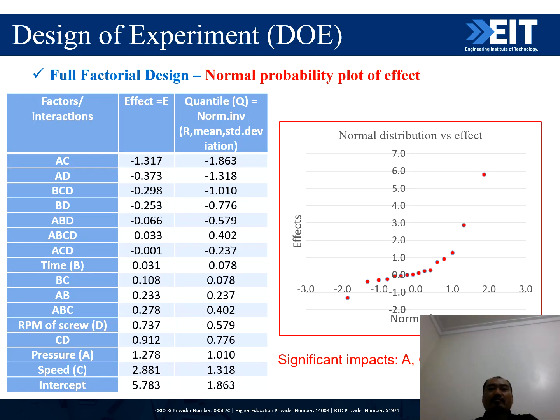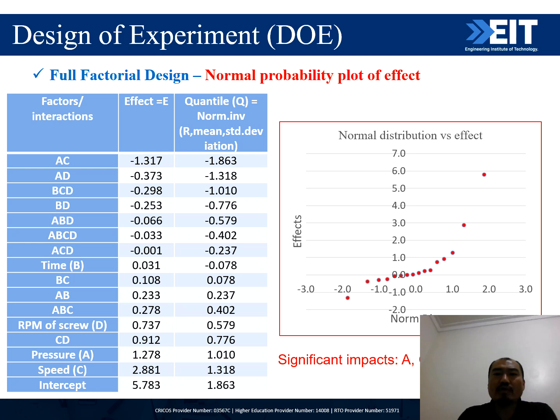From this full factorial design, we can do the regression analysis or ANOVA analysis, and then find the normal probability plot, plotting the normal probability with respect to effect.